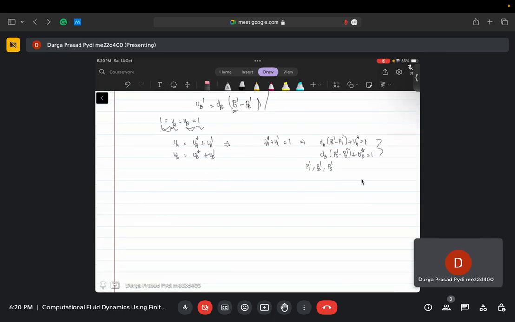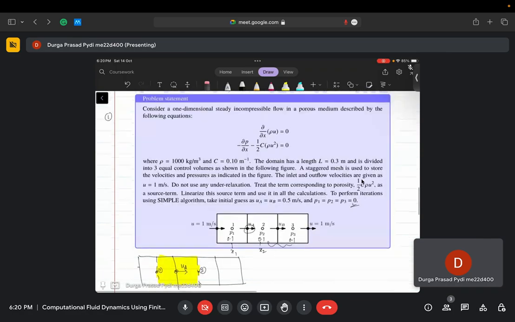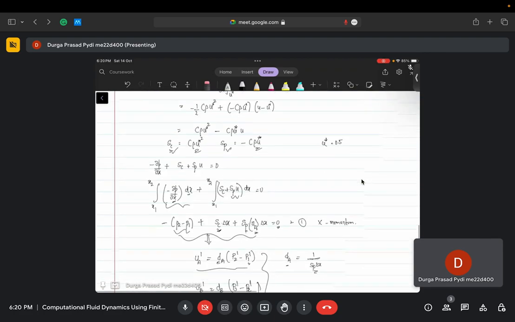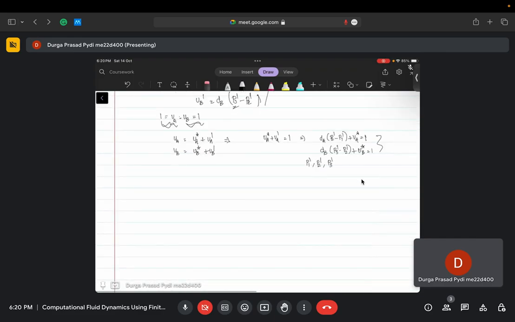Your momentum equation you can apply only for two cells, right? So what do you do then? Basically you have to assume one of these corrections to be 0.